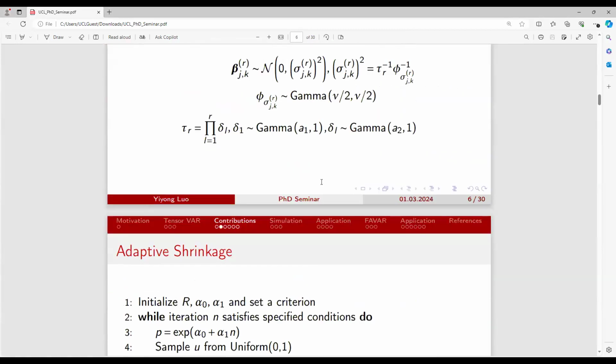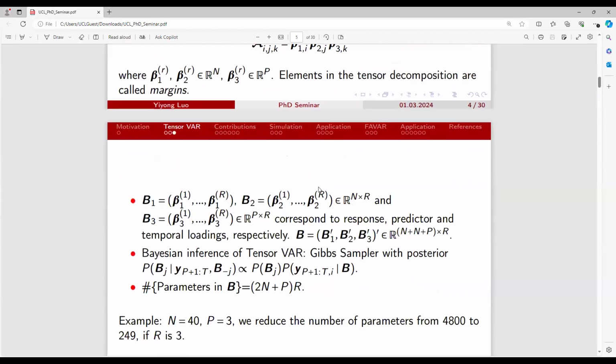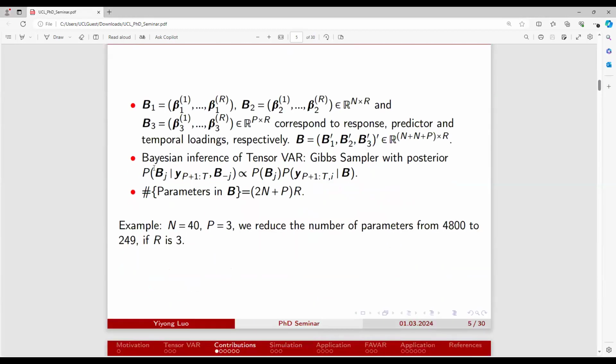So for the Gibbs sampler, let's move on to this one. You can see that B1 will depend on the updates of B2 and B3 in the last iteration of our MCMC, right? It is the same: you sample B2 given the other parameters and B3. But when you move on to the next iteration to sample B1, it depends on the last iteration, and the samples also depend on B1 from the last iteration.